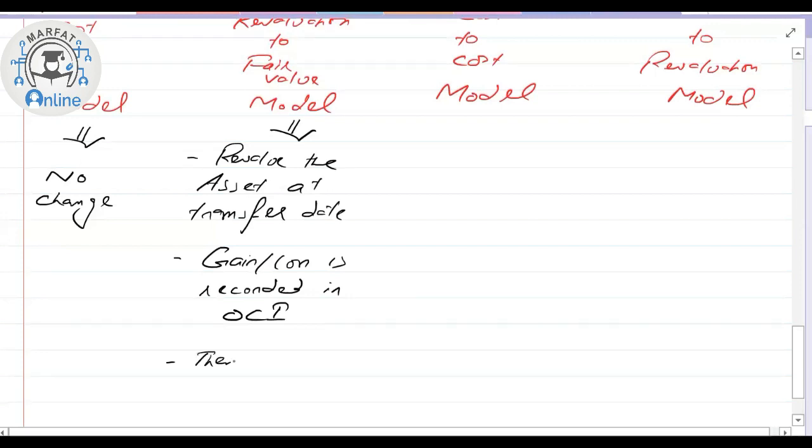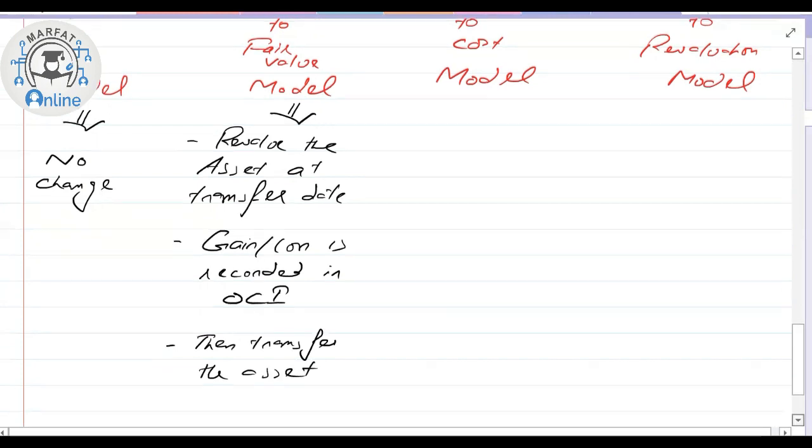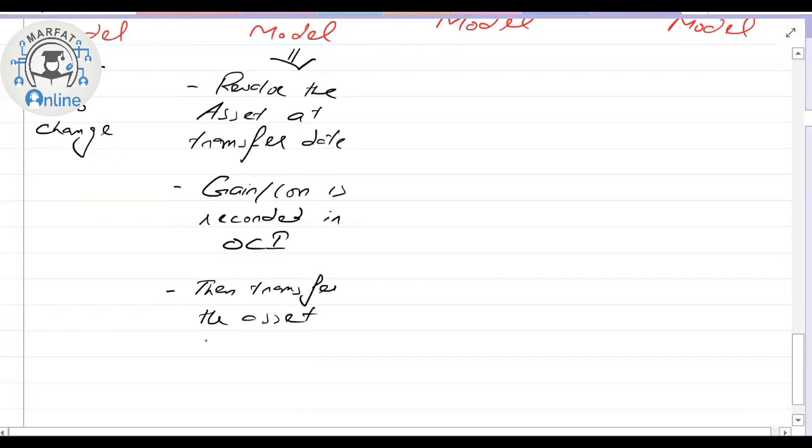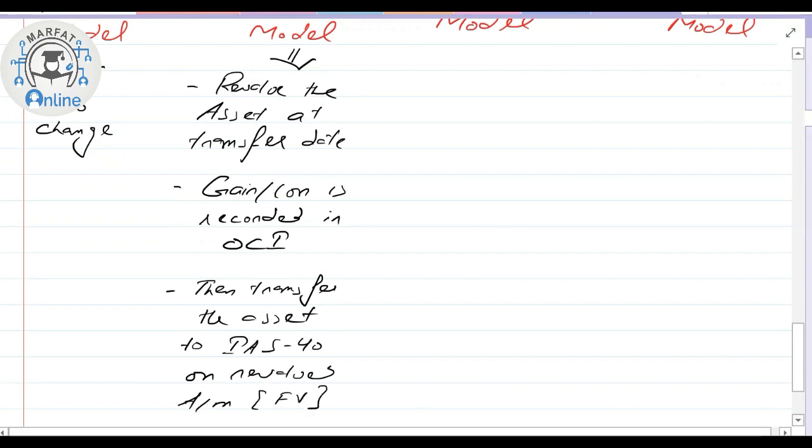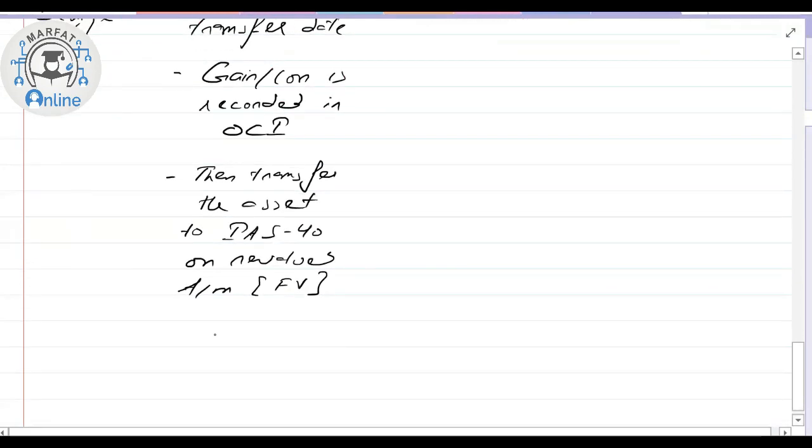Then transfer the asset to IAS-40 on revalued amount, which is the market value. Transfer the asset on the fair value to IAS-40.